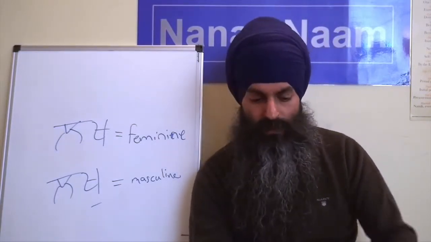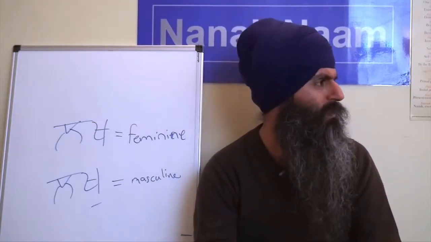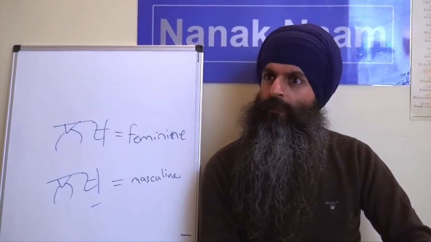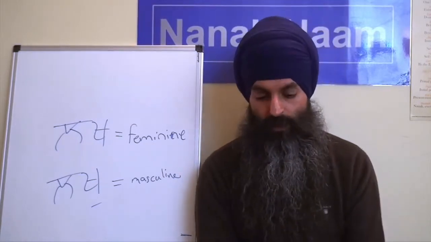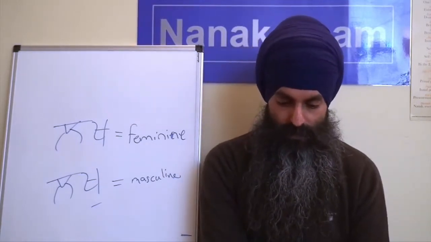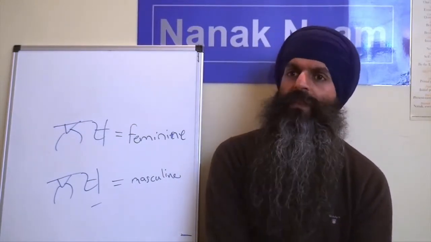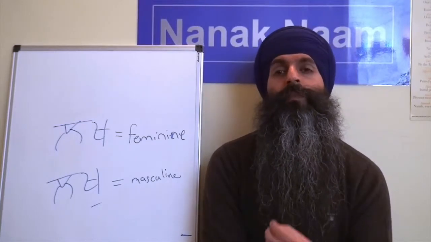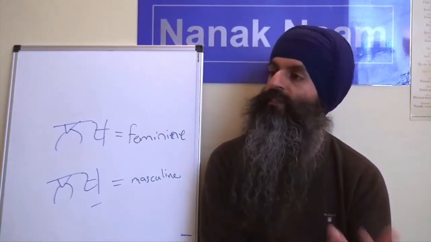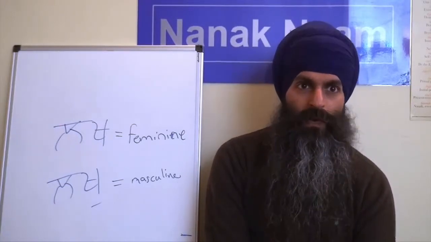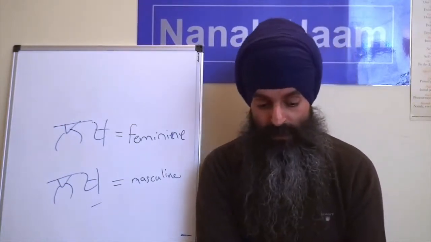Gurbani talks about this quite a lot. But this is quite a mature concept. And because it's sensitive, we don't really hear people explaining this concept very well. So that's why in all your translations, you only see the wife and the husband analogy being that of serving, the wife serving. But then that's just a servant and a master analogy. The husband and the wife analogy is far deeper than that.